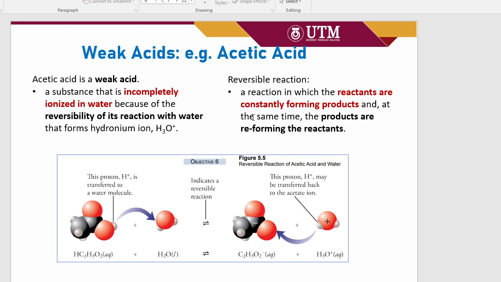But strong acids are irreversible. In reversible reactions, the reactants are constantly forming products while at the same time the products are reforming the reactants. So it does not completely form the hydronium; it can form and reform, form and reform.